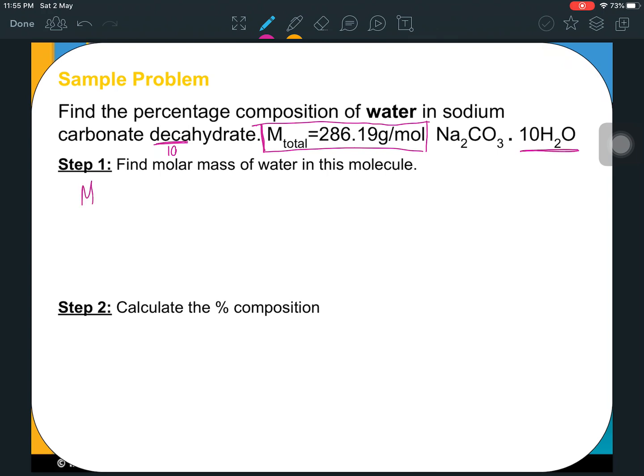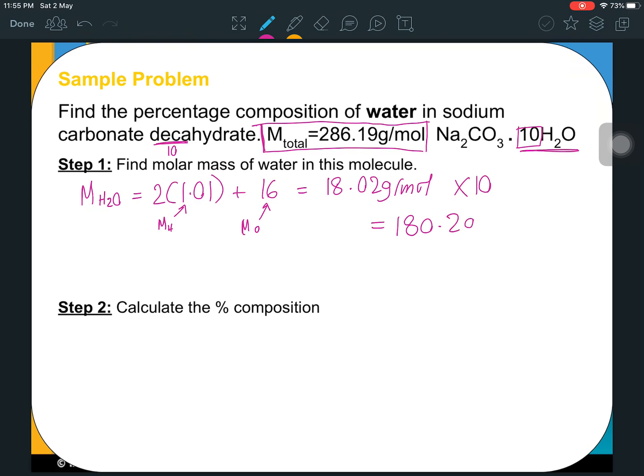All right, so the molar mass of H2O is equal to 2 times 1.01, which is the molar mass of hydrogen, plus 16, which is the molar mass of oxygen, equals about 18.02 grams per mole. Okay, good, but we have 10 water molecules, so we need to multiply this by 10 to end up getting 180.2 grams per mole. So that is the total mass of water in our overall compound.